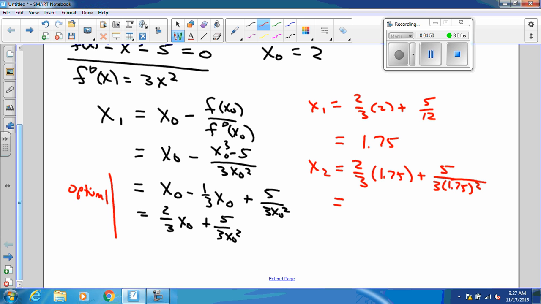Just like that, and it just keeps on going. The second time, we get 1.7149, and so on and so forth. Does that help?